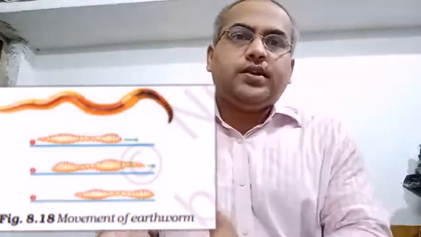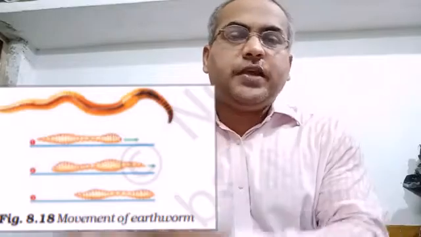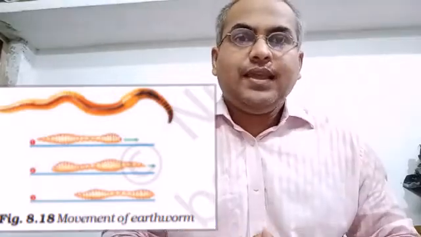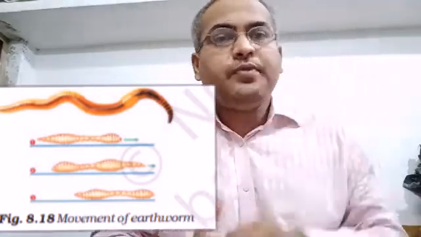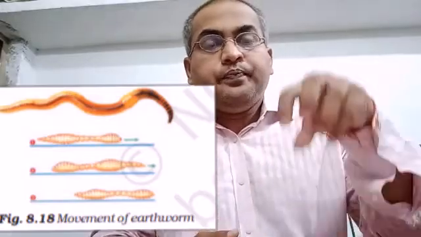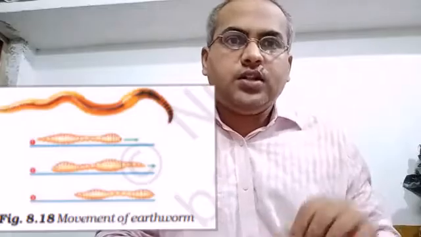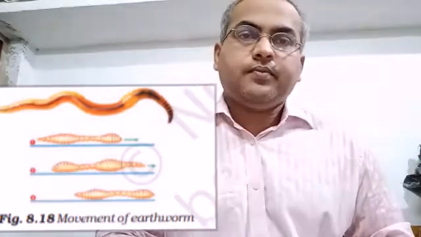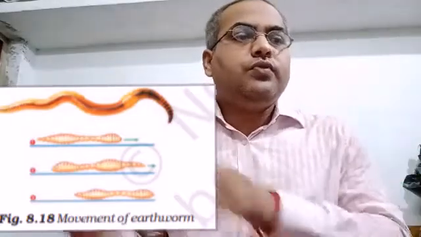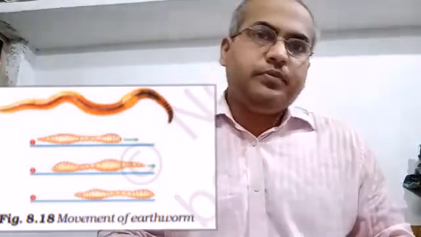So this is expansion and contraction, expansion and contraction, and these bristles help it grab the surface on which it is moving. This way the earthworm moves from one place to another.